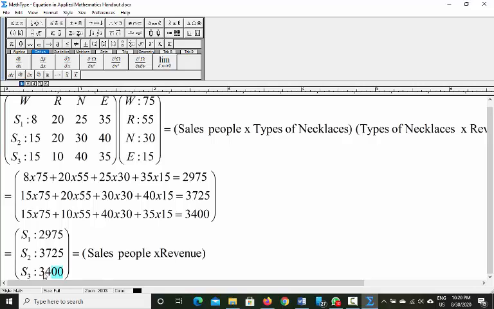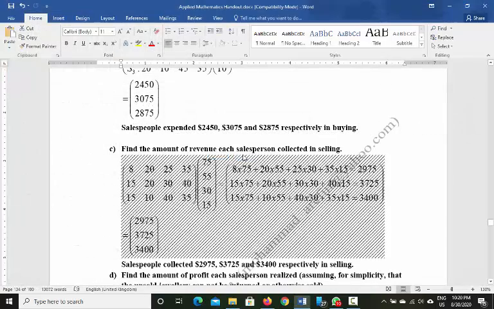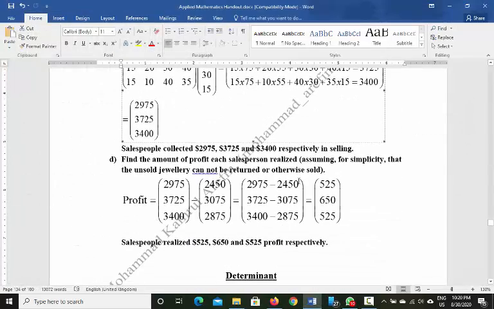The third salesperson is earning a total revenue of $3,400 per month. So that is the answer. This way you should be able to interpret the results also. Salespeople collected this much and this much respectively in selling.